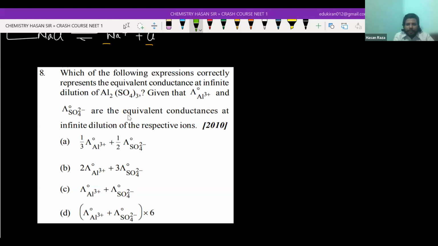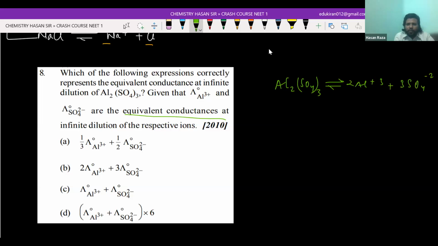So as you can see, we need to calculate the equivalent conductance. And I told you, in the equivalent concept, we don't need to balance it. You just need to write Al2(SO4)3 and dissociate it, and you can see there will be 2Al plus 3 and 3SO4 minus 2.